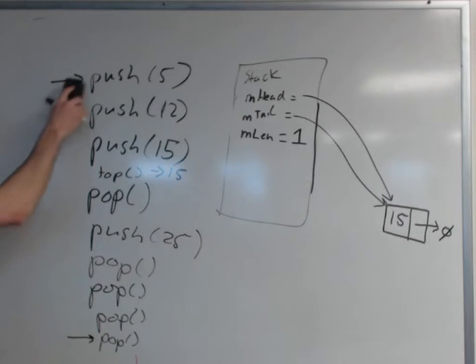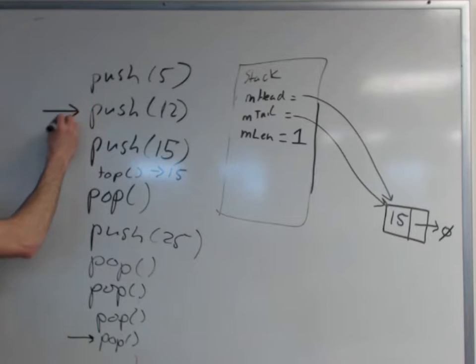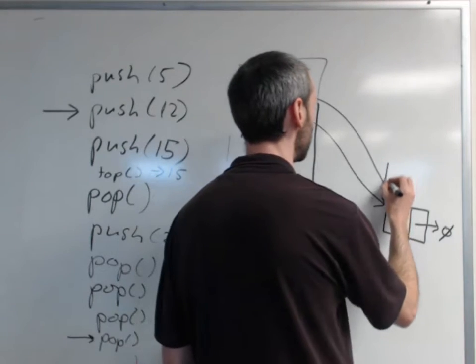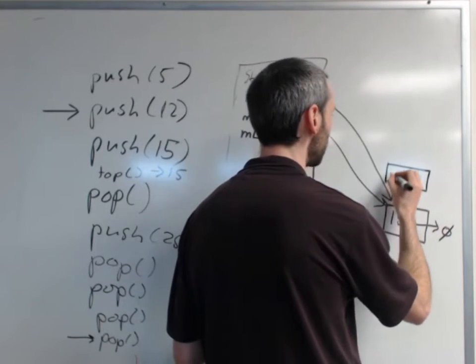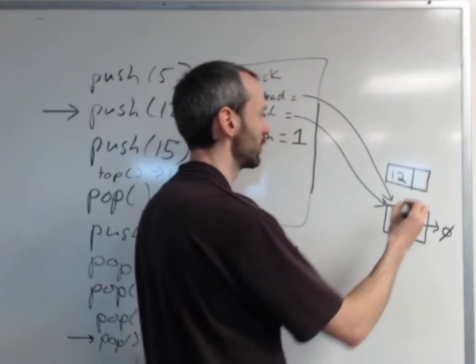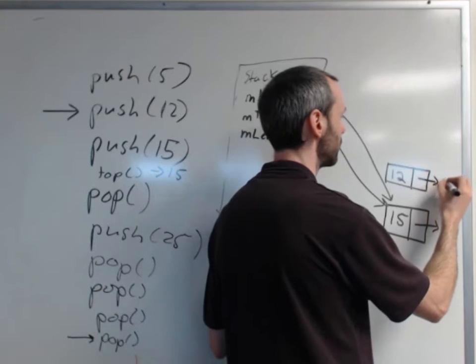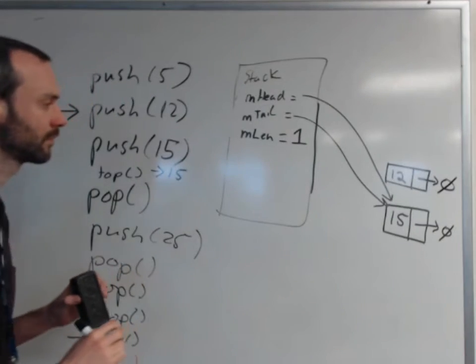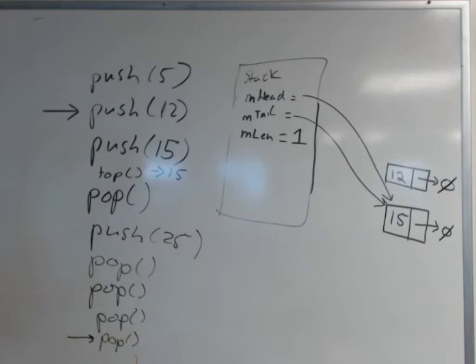Now here's where it gets slightly tricky. Pushing 12. What's the first thing we do? Create another node. First you have to link the 15 and the 12.